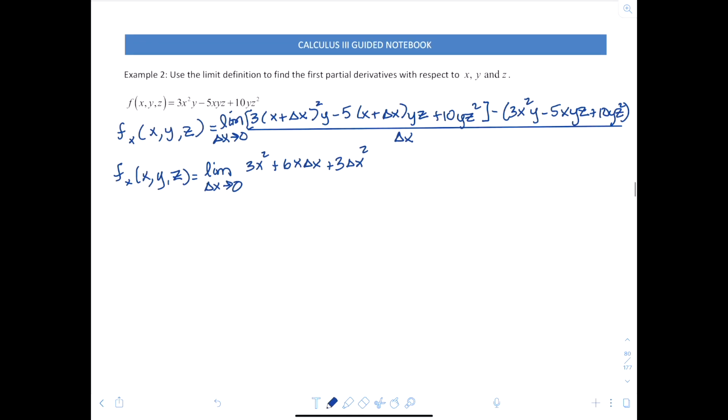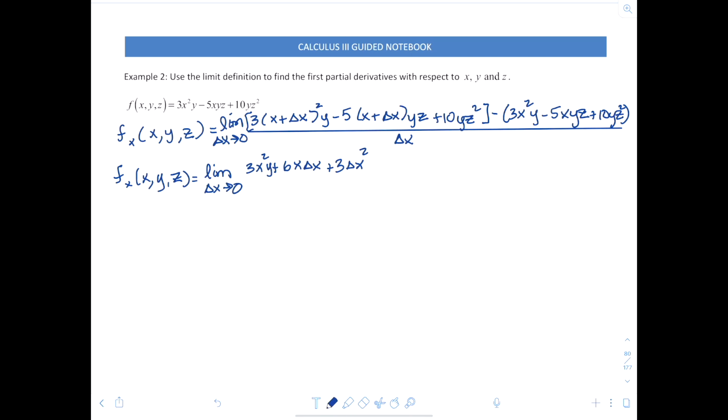Actually all of these would be times a y. You see that? So times a y, because you've got a y multiplied on the right and the 3 multiplied on the left.